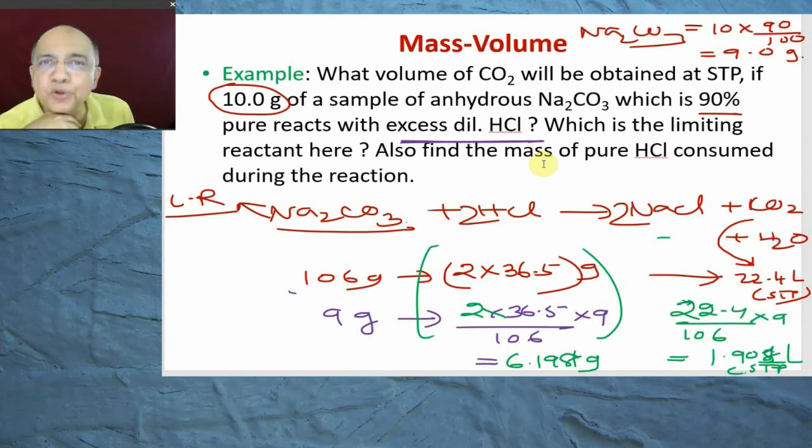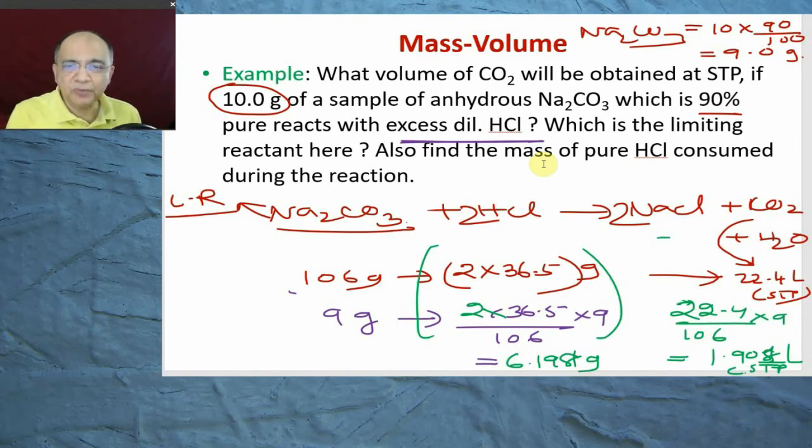Therefore, I have written pure HCl. In a later chapter, when I discuss volumetric analysis and solutions stoichiometry, my question will be in a different form: how many milliliters of HCl solution having molarity this and that? Those things are not the subject matter of today's program.